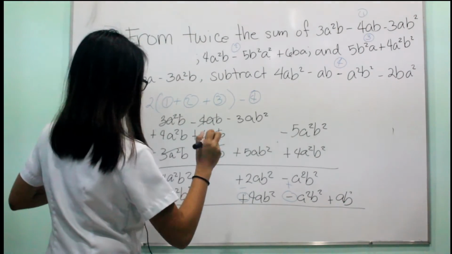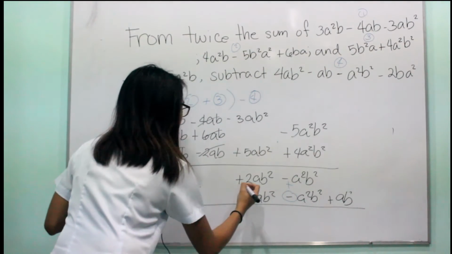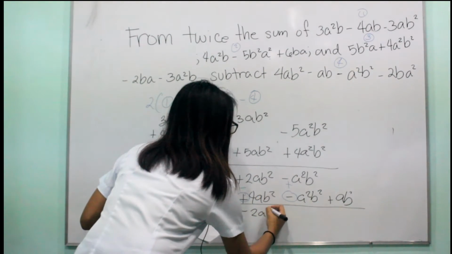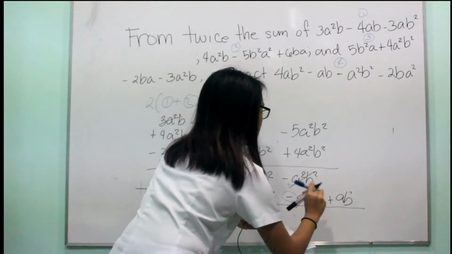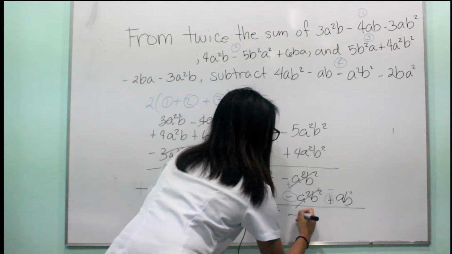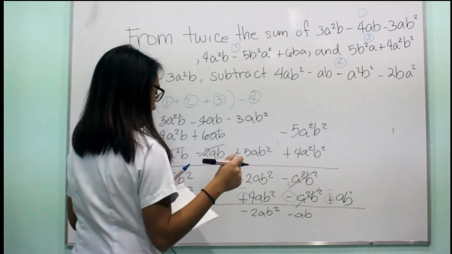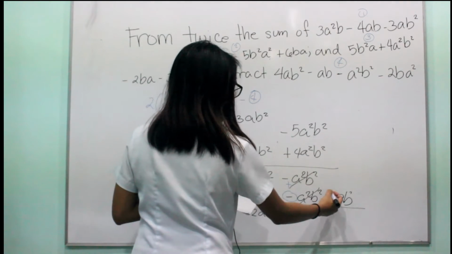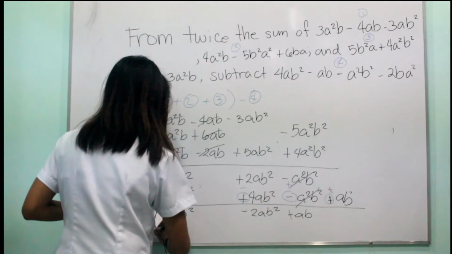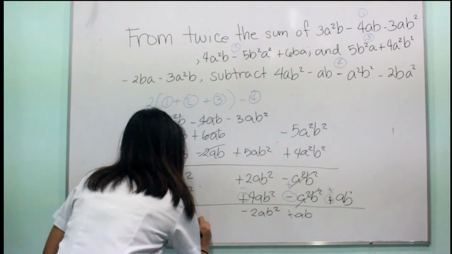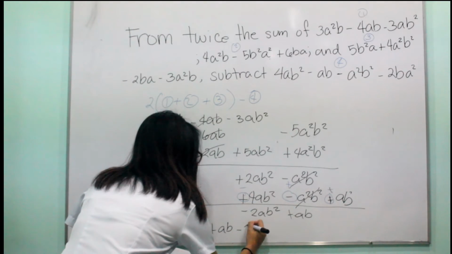So 4a squared b squared minus 2a squared b squared will be 2a squared b squared, negative 2ab squared, and cancel, negative ab, negative a. Plus ab, 2ab squared.